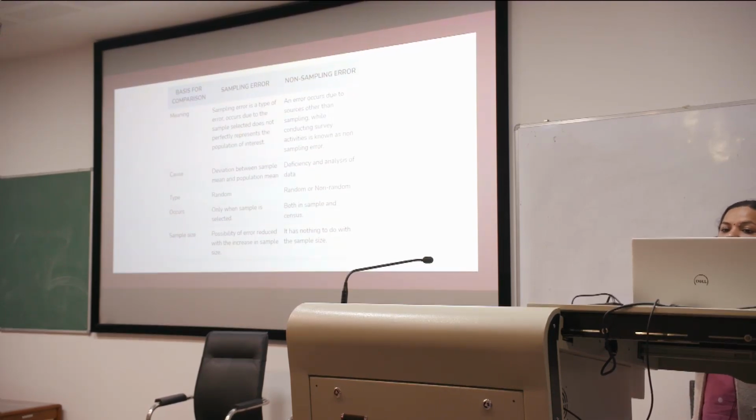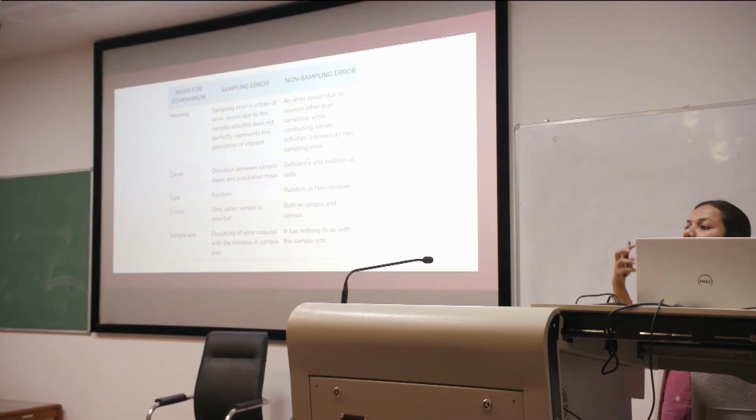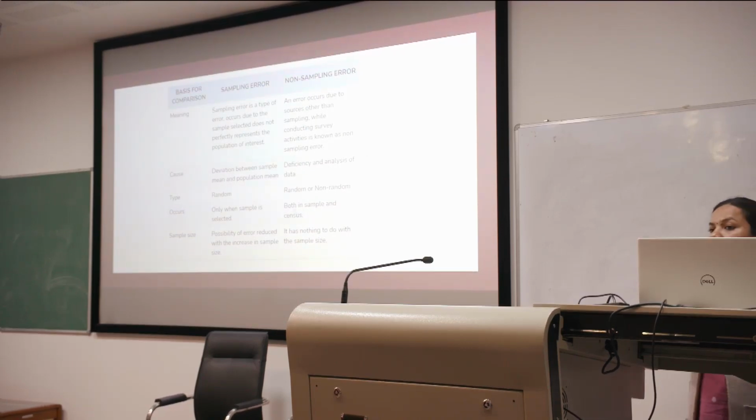Then non-sampling error is an error that occurs due to sources other than sampling while conducting survey activities. It is nothing related to selecting the sample. It relates to the method you choose and the activities you conduct, whether experimental or observational, whatever methodology you follow.